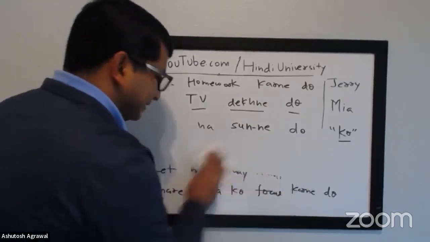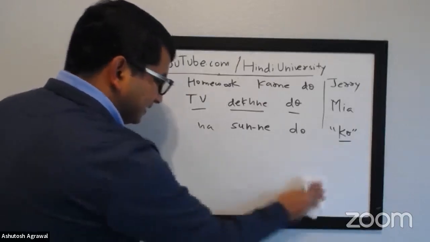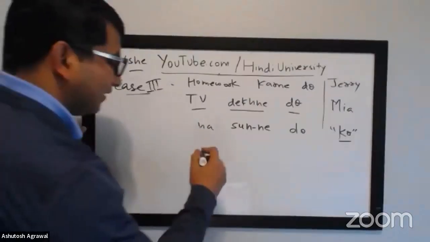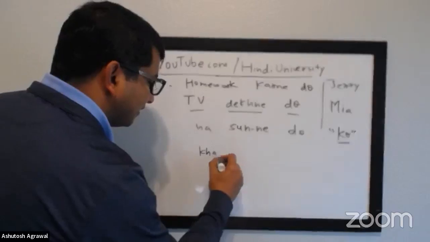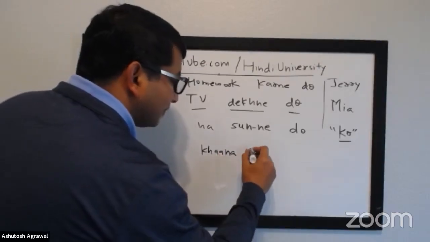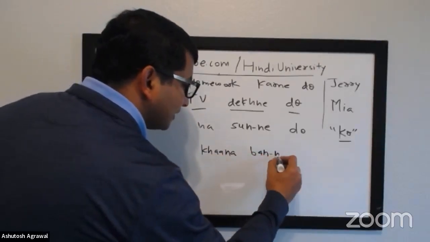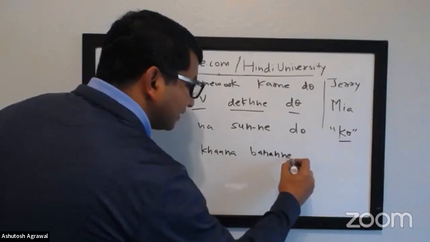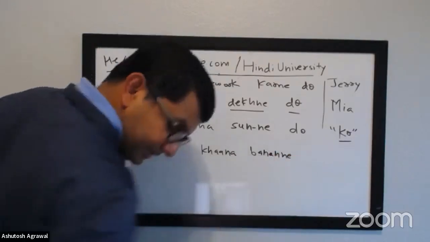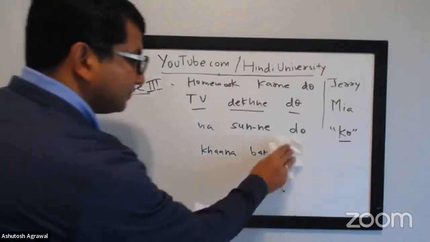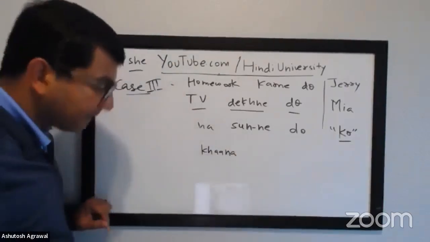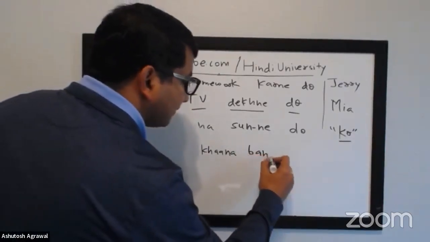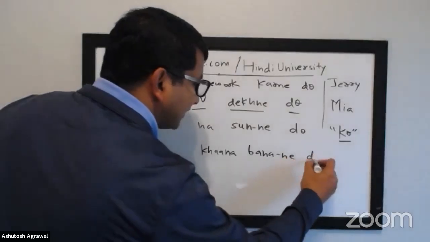Let me write it down. Khana banane do. Okay. Very good. Khana banane. Let someone cook. खाना बनाने दो. Take a subject.